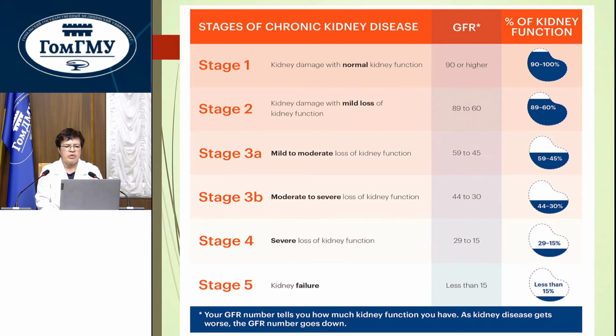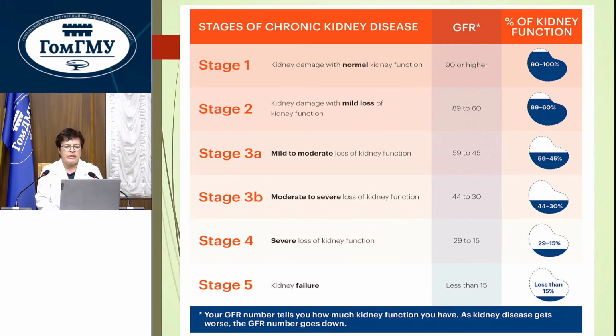Stage 2 is kidney damage with mild loss of kidney function. Glomerular filtration rate is from 89 to 60, and the percent of kidney function is from 89 to 60.